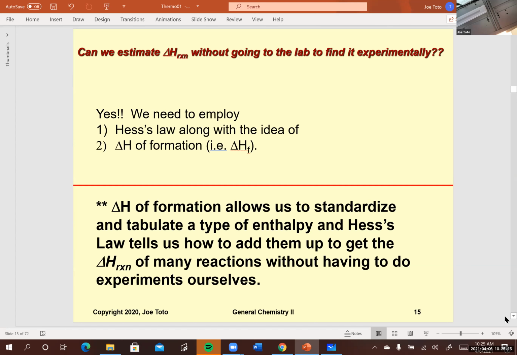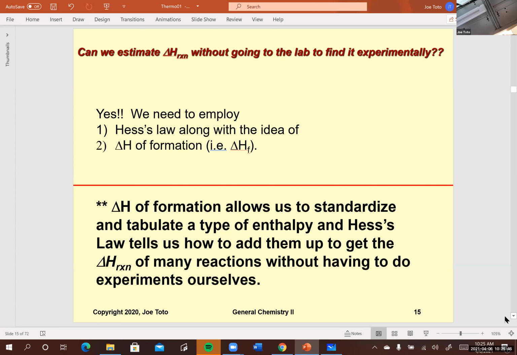Okay, now, the thing that we've been trying to get at by looking at these properties and showing that they're state functions and that they're extensive and so forth is because we want to introduce a way to calculate these thermodynamic properties like delta H for a reaction without having to go to the laboratory to do any experiments, right?